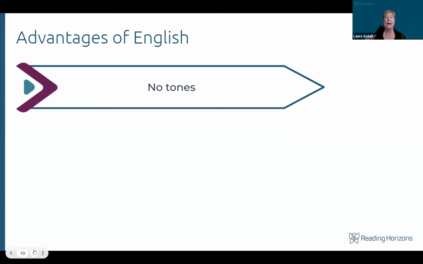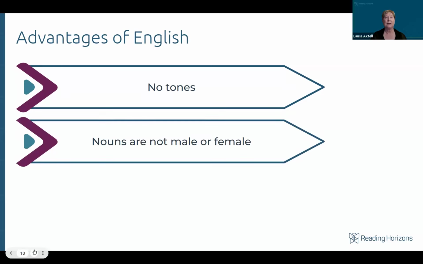And you can say the exact same thing in a rising or falling tone, and it'll mean something totally different. English doesn't have tones, and that can be really useful because people coming from a variety of languages would have to understand those tones and be able to hear them. And that's really challenging, especially as an adult. We don't have tones, but what we do have is syllable stress and the schwa. And so that can present a challenge as students get into more complex patterns in English.